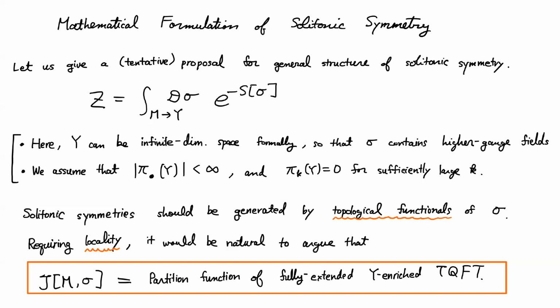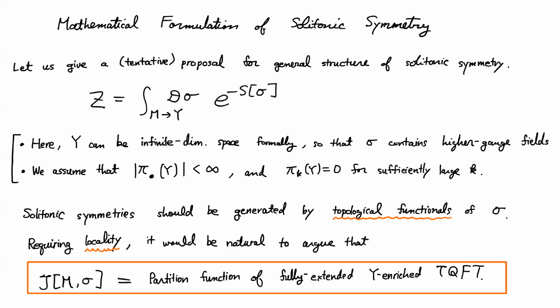It is natural to assume that such a local topological function should be given by some kind of partition function of a TQFT coupled to the sigma model with target space Y. In order to treat this mathematically, this locality condition naturally arises if we consider a fully extended TQFT. So we regard those topological functionals for the sigma model as partition functions of a fully extended TQFT, and in order to take into account the information of the target space Y, this TQFT should be a Y-enriched one.